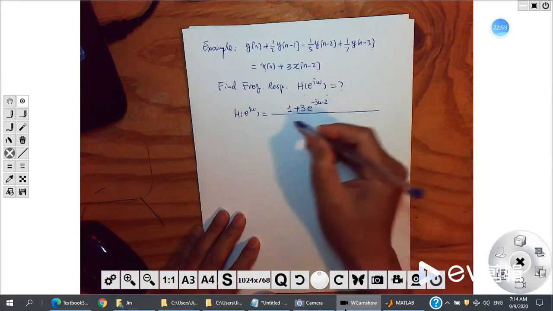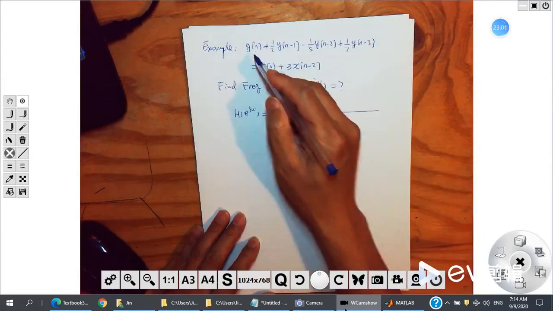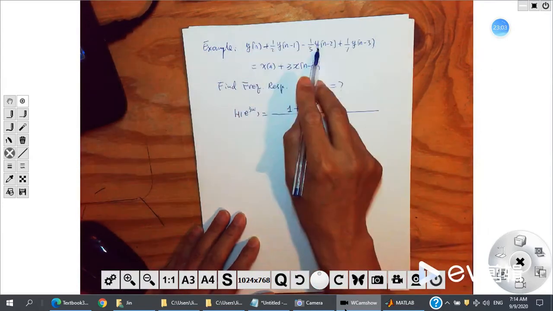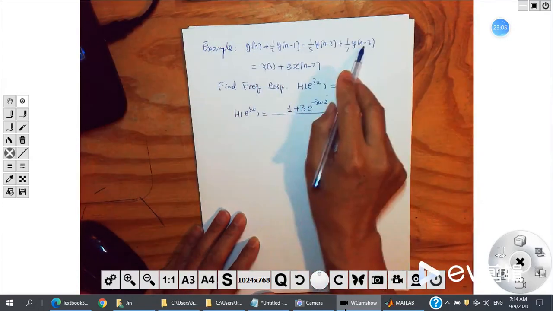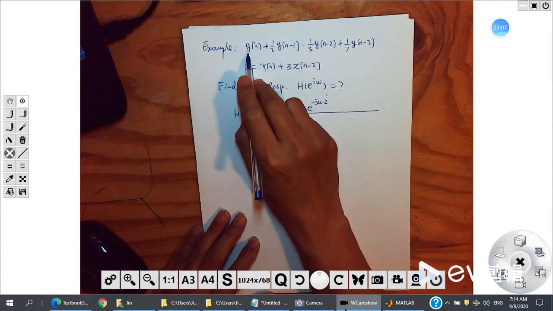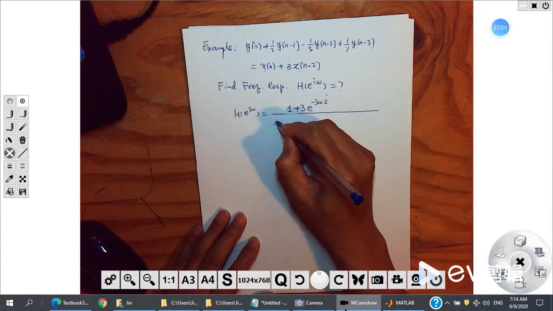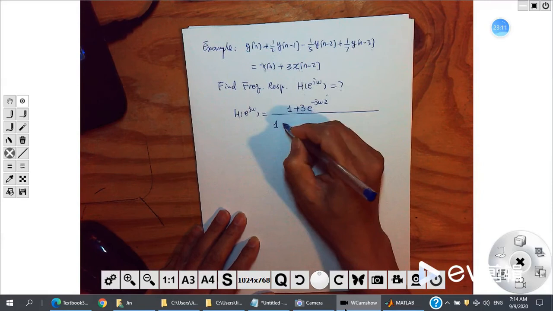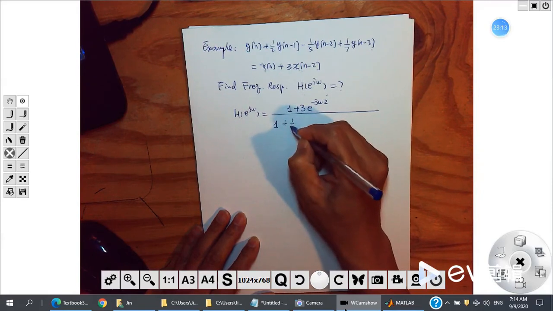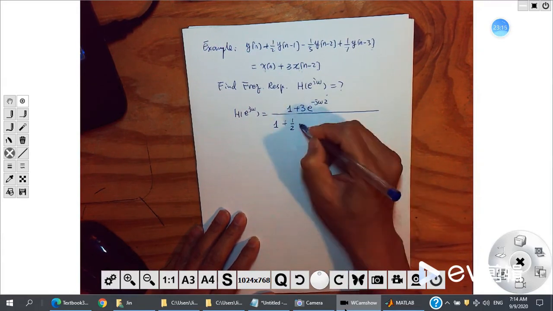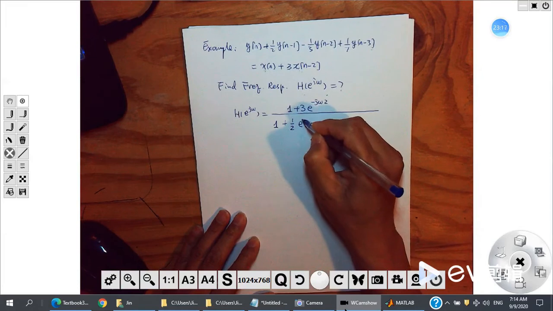And the denominator is the same way. You look at all these terms with the output. The first one is y, nothing changed. The second term has coefficient 1/2 and is shifted by 1, so e to the negative j omega.